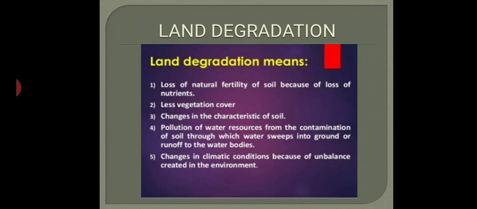The characteristics of the soil change. There is pollution of water resources, contamination, and it also affects groundwater bodies. There is also change in climatic conditions because of utilization of the environment.